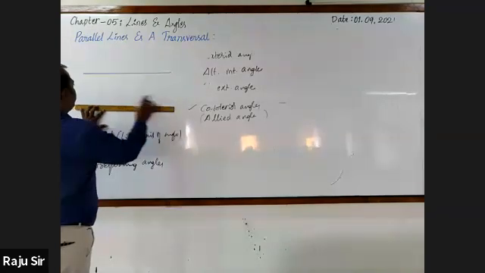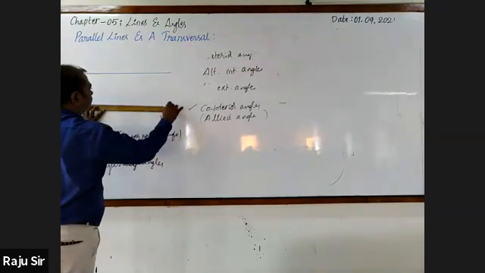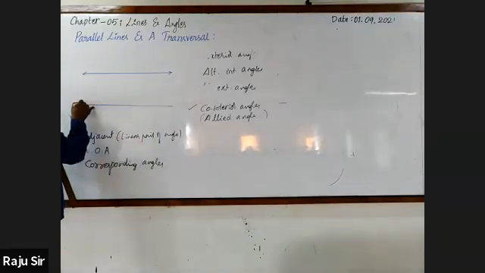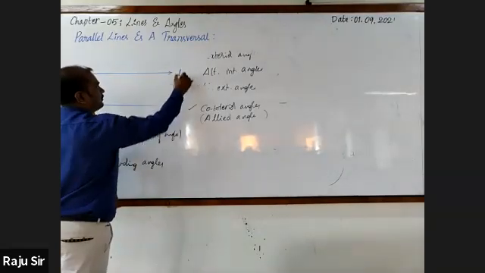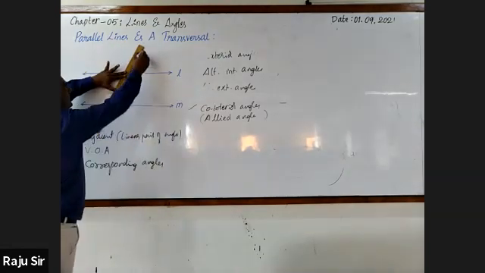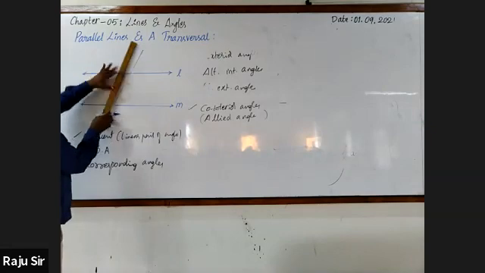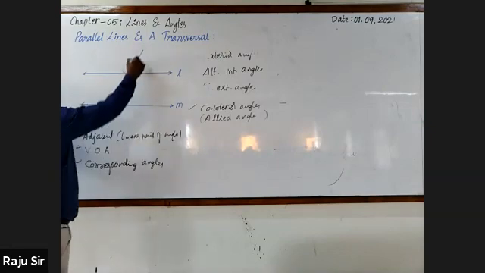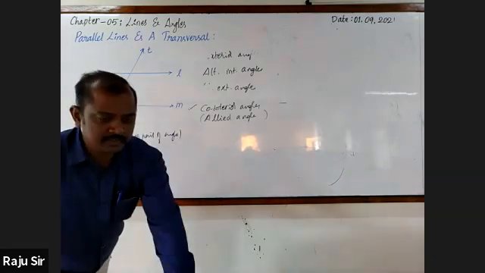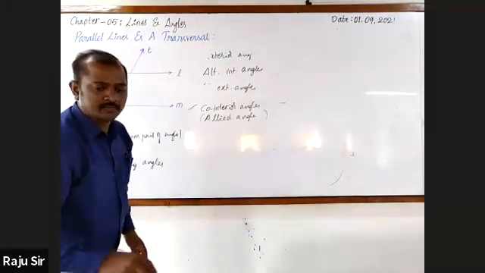Draw two parallel lines named as L and M. Next, draw a transversal and call it T. T is a transversal.